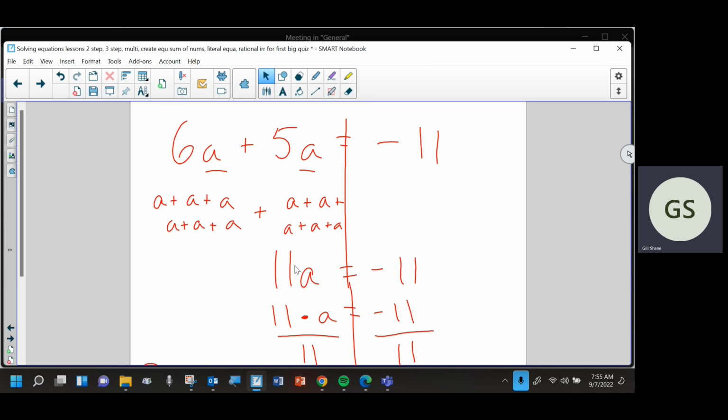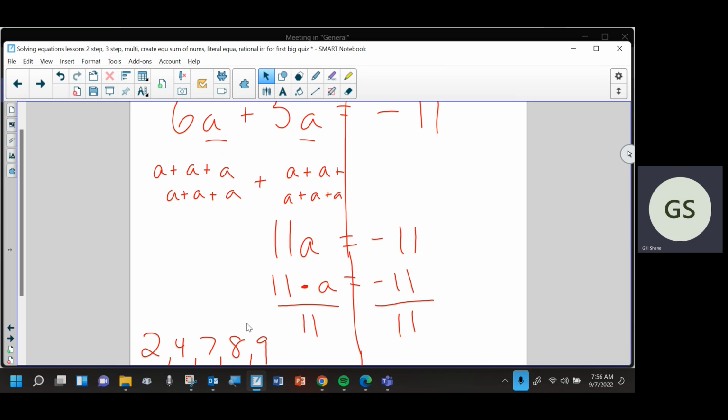And then we said, well, 11a is really 11 times a. So if we're solving, we're trying to get the variable by itself. Getting the variable by itself means we have to do the opposite math. Always think about opposite math. So 11 times a divided by 11 will get rid of the 11. So the 11 goes away. If we divide by 11 here, we have to divide by 11 here.